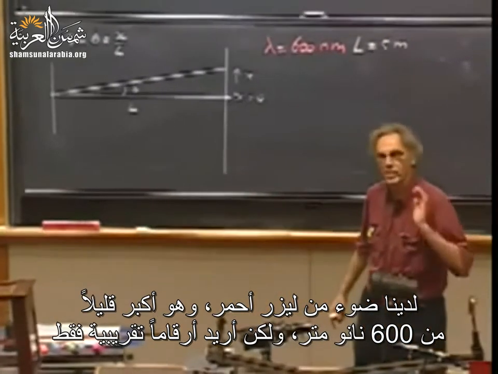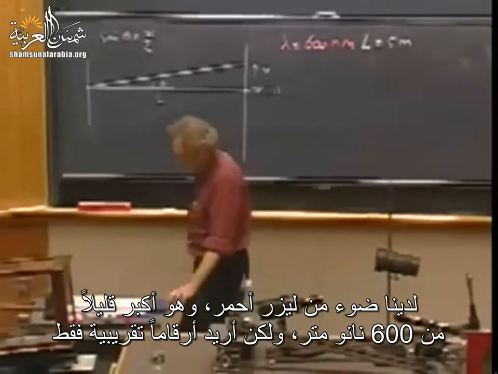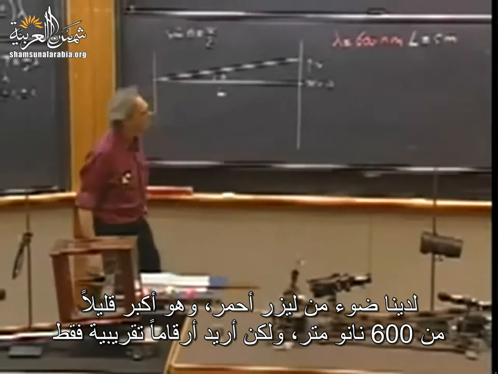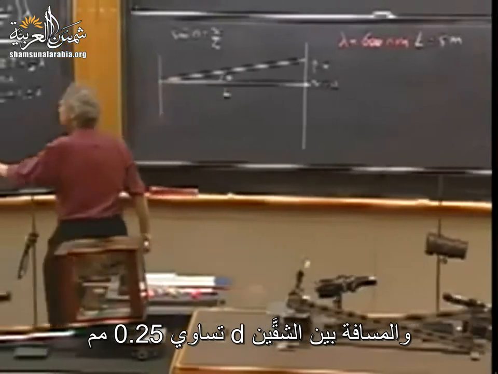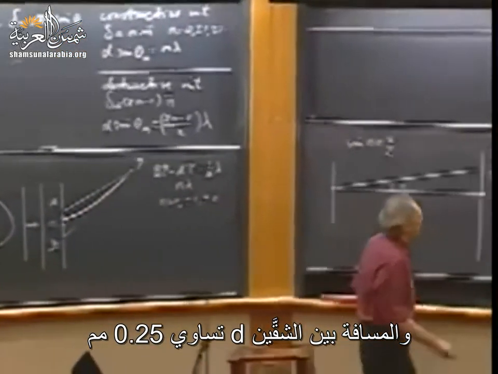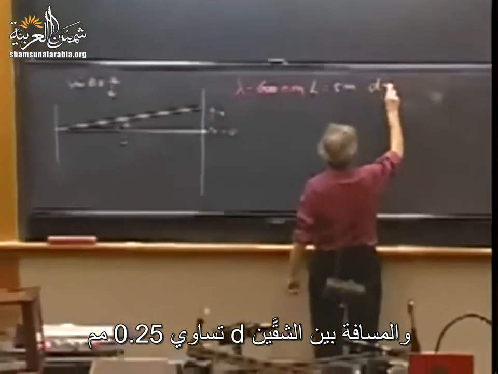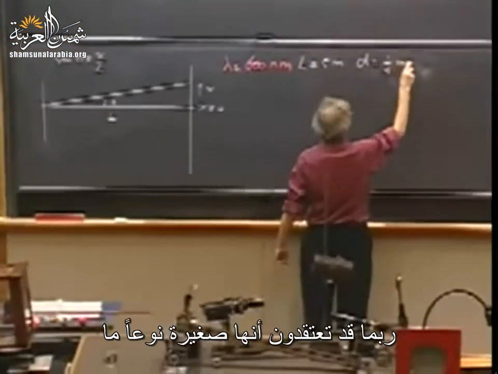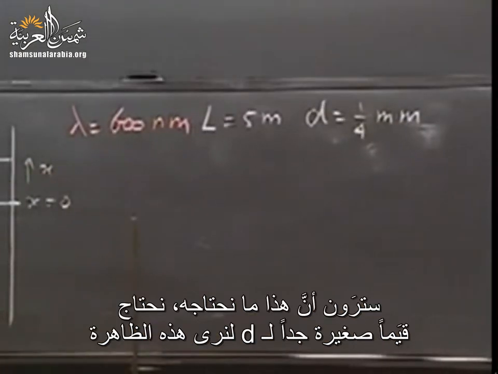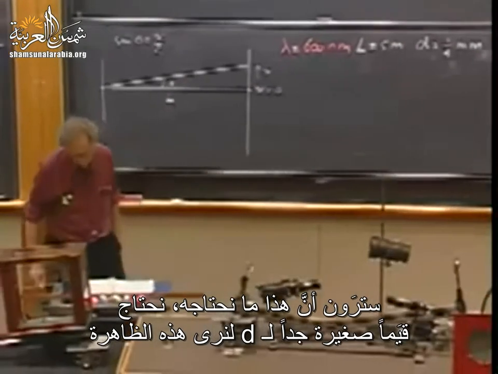And we have light from a red laser, which is a little larger than 600 nanometers, but I just want some round numbers. And the separation here, D, between the two slits is 1/4 of a millimeter. Now, you may think that that is rather small. Well, you will see that that's what you need. You need very small values of D to even see this phenomenon.